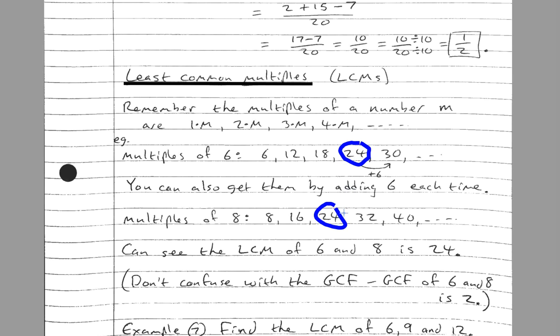But 24 matches. I mean, there will be other common multiples. 48 will be a common multiple. But if you want the least, the smallest common multiple, that's 24.